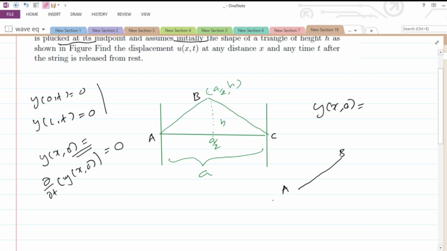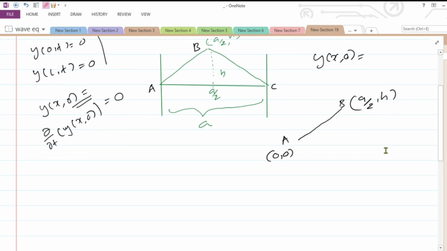A is clearly the point 0, 0, and B is the point a by 2 comma h. Now you can use the equation of line.